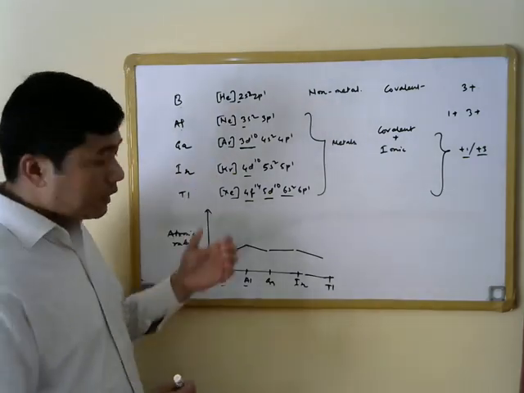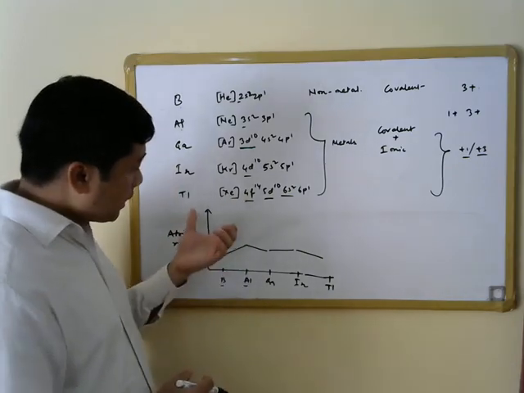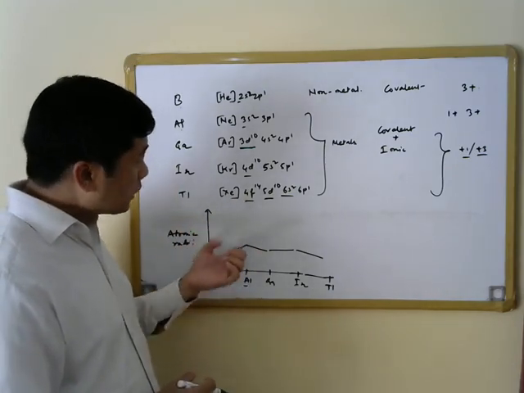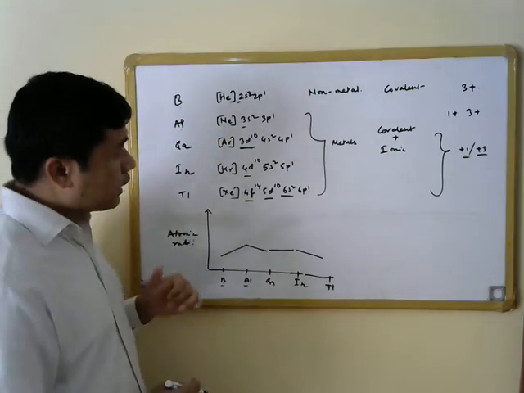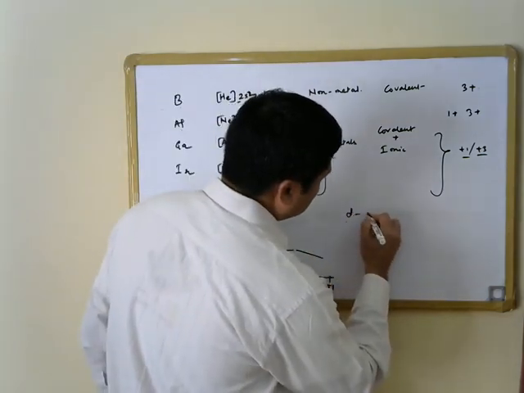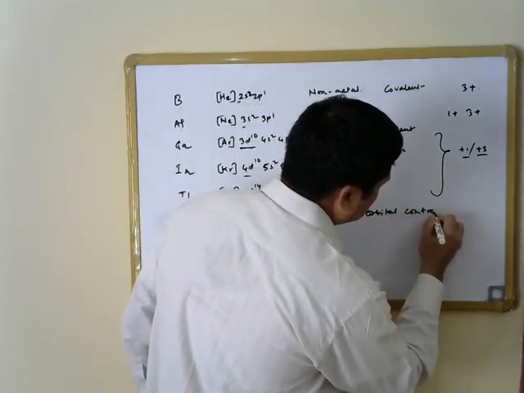And this effect, because of which the atomic radius decreases when we move from the elements of the third row to the fourth row, is known as d orbital contraction.